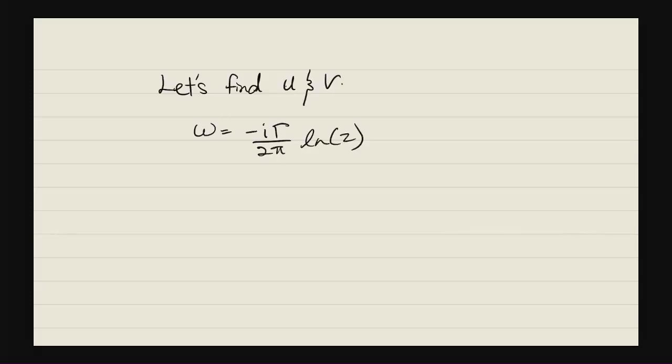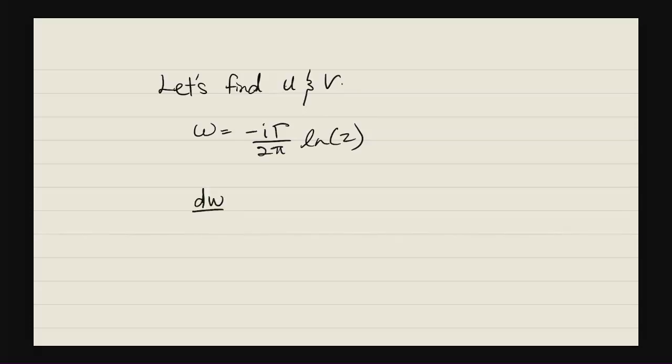So let's find our velocity u and v. To find velocities, I just have to differentiate w with respect to z.